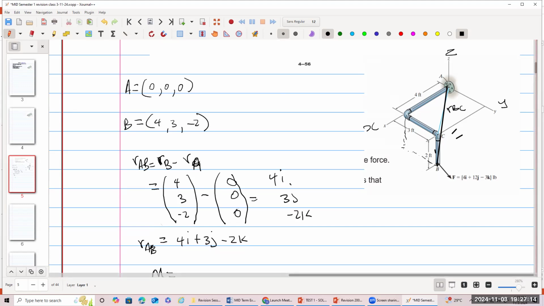But beyond that, we need the unit vector of that line and the unit vector of the x-axis. RBC? Isn't it RBA? Wouldn't it be RBA? Yes, it's AB, the line connecting B and A. We can label it AB because it's going from A to B. Sir, you wrote RBC for the line.